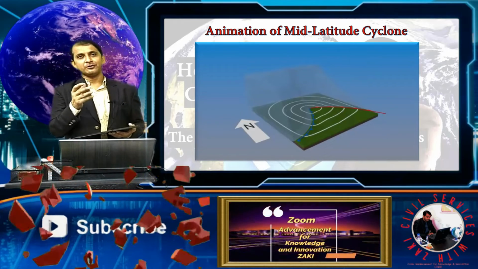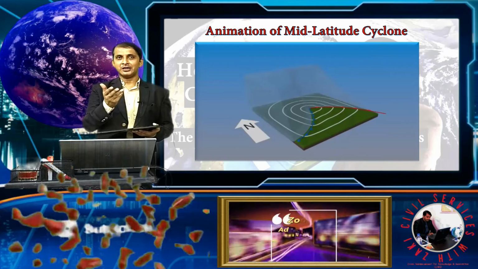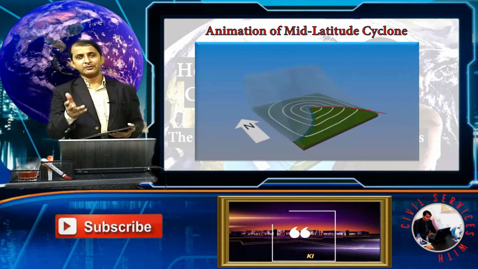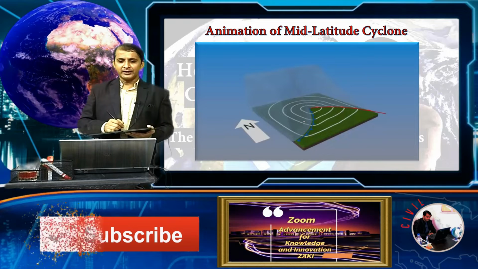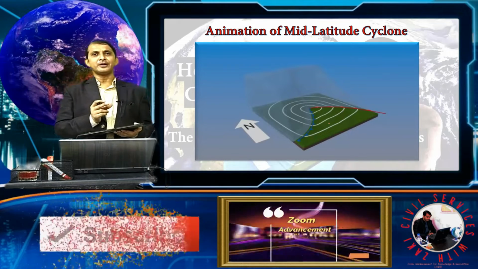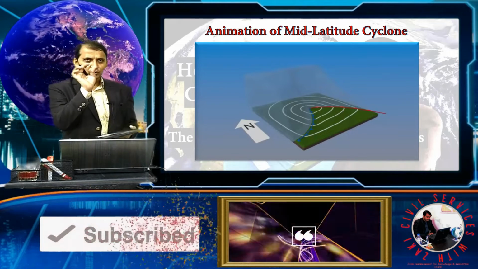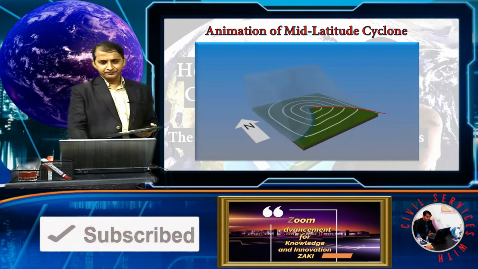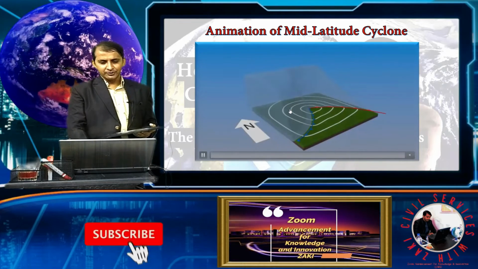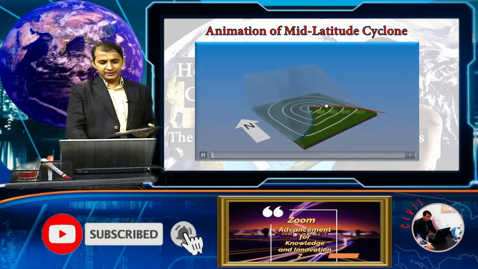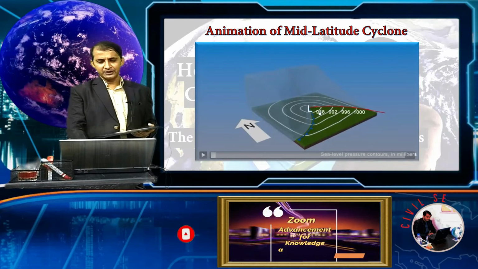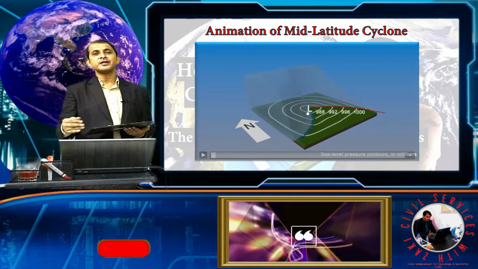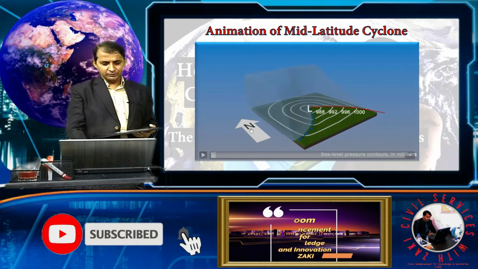As you know, about the occluded front, you can see my previous video on fronts. In an occluded front there is colder air, cooler air, and warm air, so warm air is trapped in cold air. See here how it creates a low pressure zone. Here is high pressure, here is low pressure. This is the center of the low pressure zone.